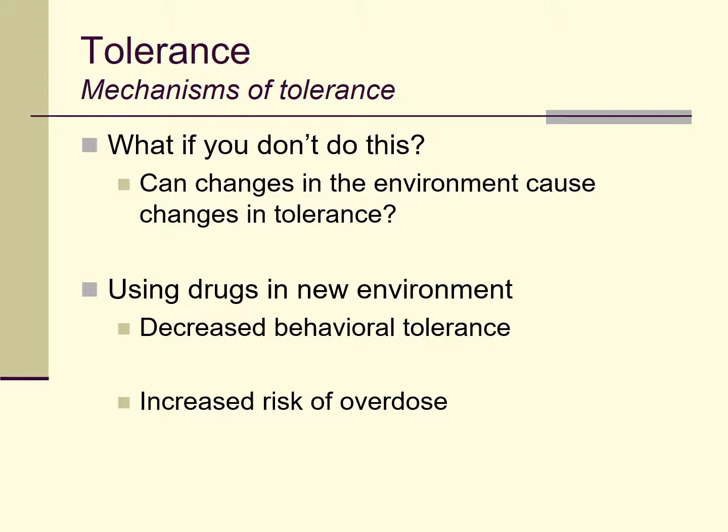So again, this phenomenon has been observed very reliably in non-human animals, where we can do experimental dosing very easily and safely. For humans, we see things like this in users who use drugs in a particular environment and then move to a different environment or use them in a new environment and experience decreased tolerance, decreased behavioral tolerance.